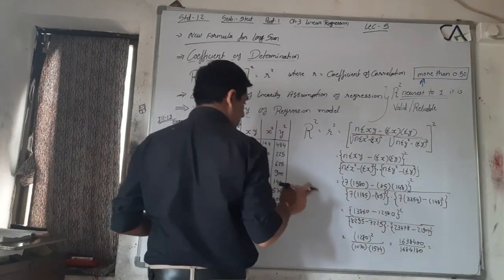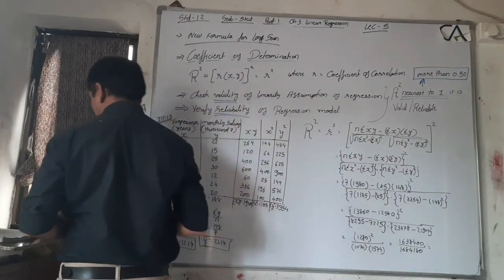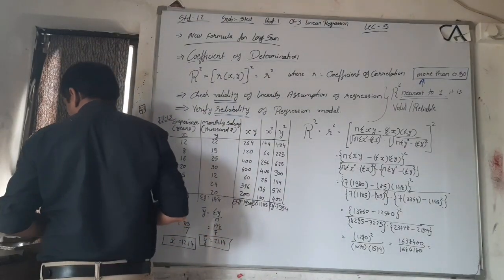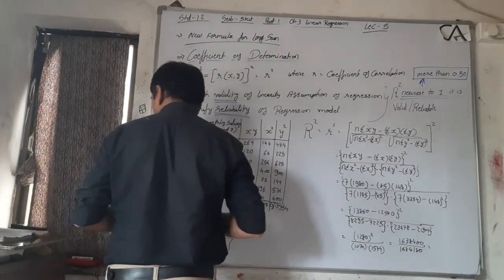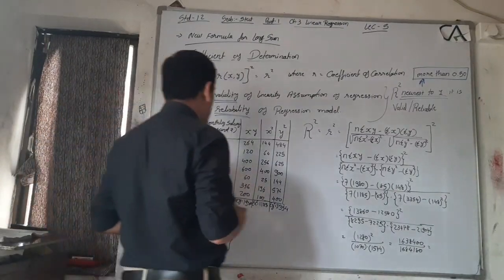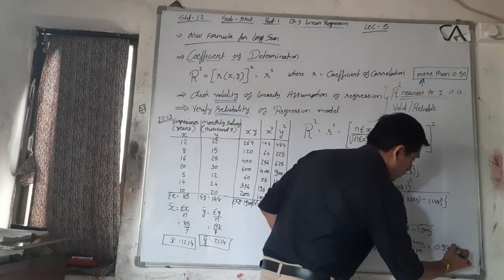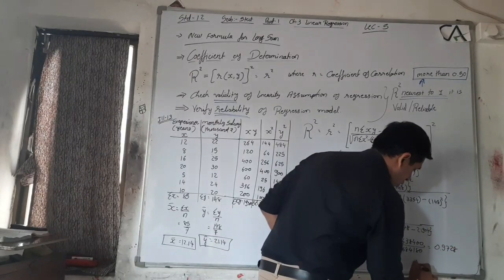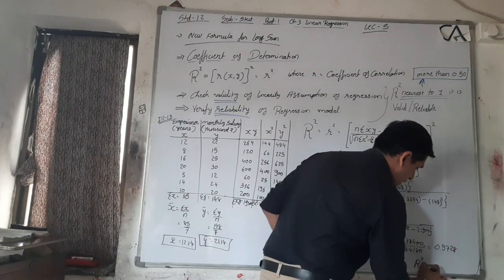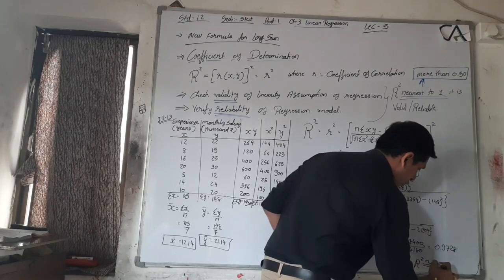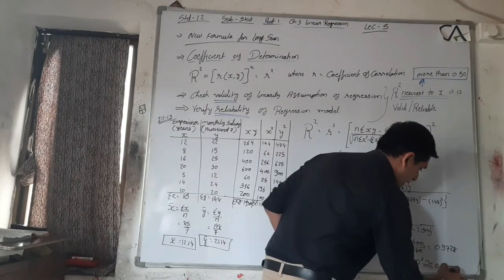Now divide it. 1638400 divided by 1684180, your answer is 0.9728. So the approximate value of r square is 0.97.